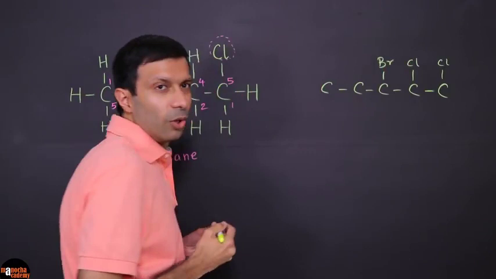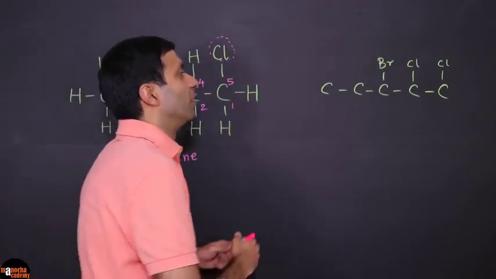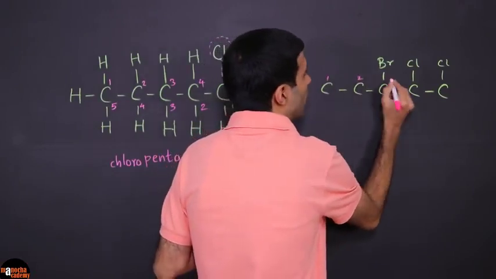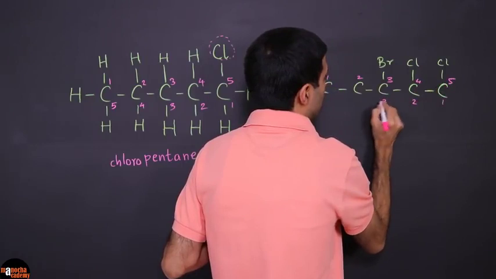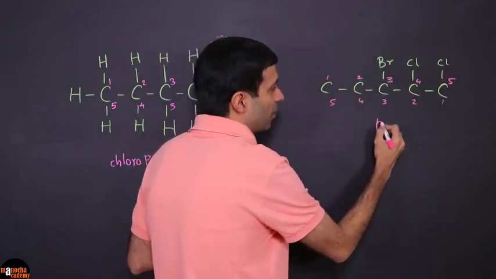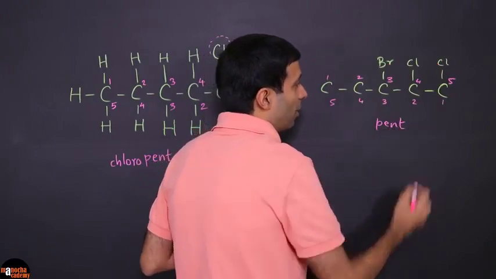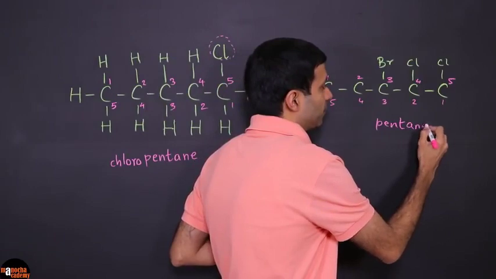I'm not drawing all the other hydrogens. So again, we'll number our carbon chain forward and backwards. It's 5 carbon. We'll ignore the halogens for a moment, so that's the simple way to do it. So you'll have a pent and only single bonds, pentane.